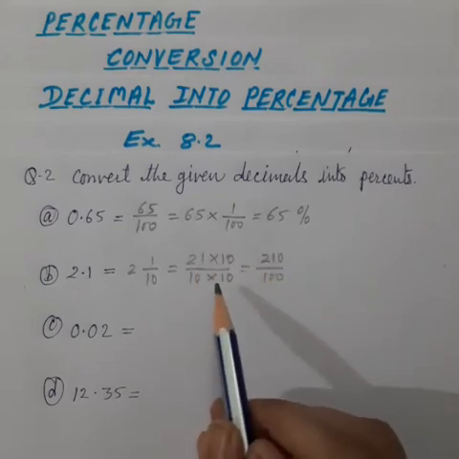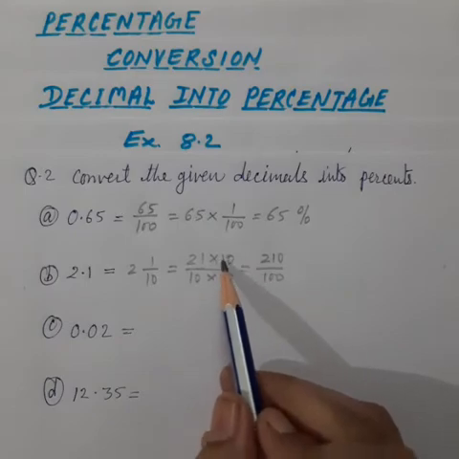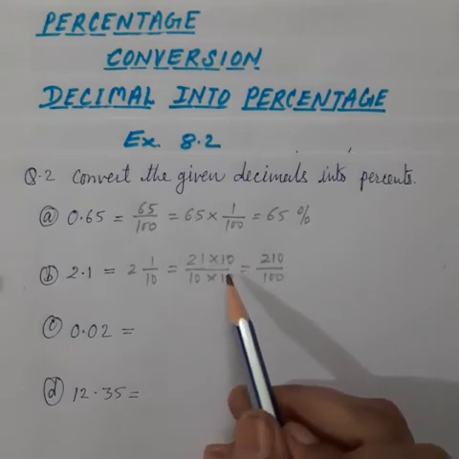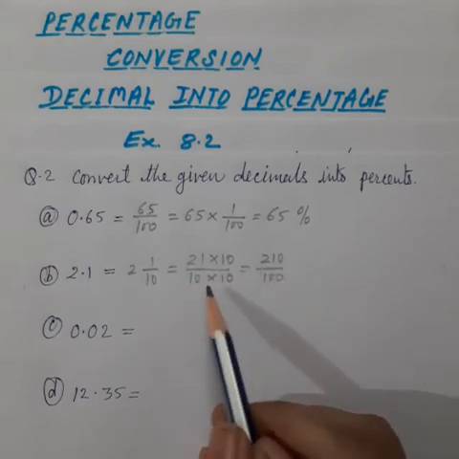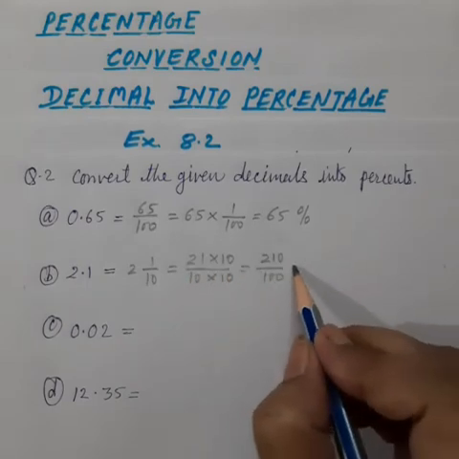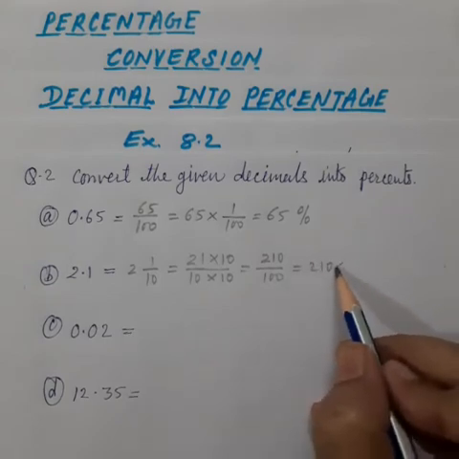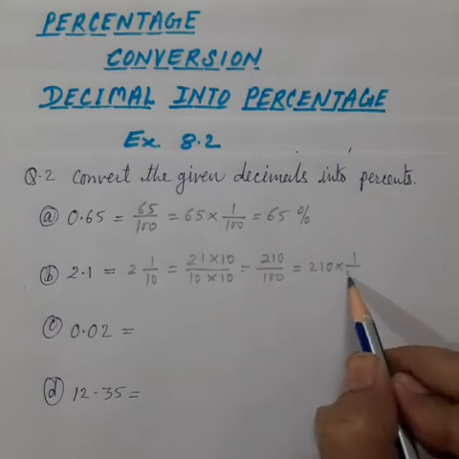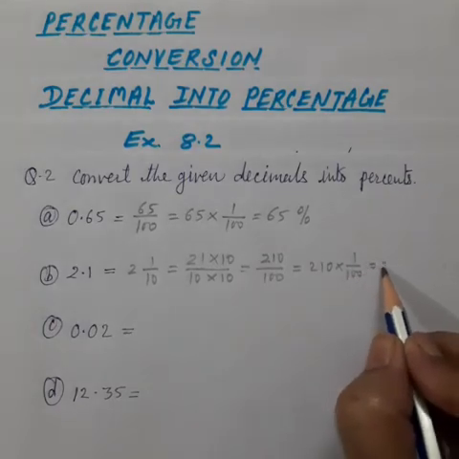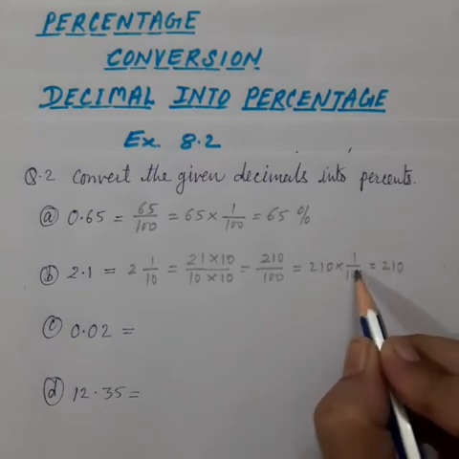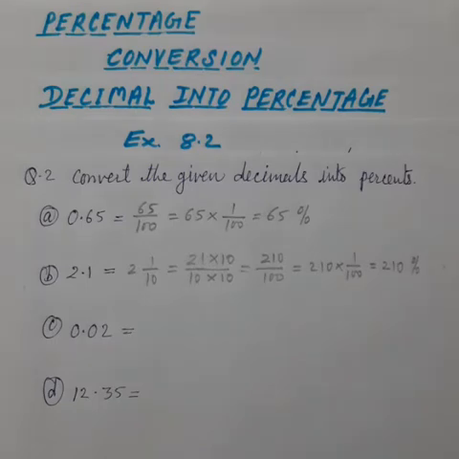When we are multiplying the denominator by 10, we have to multiply the numerator also for finding out the equivalent fractions. So here 21 into 10 is 210 and the denominator is 100. Now write numerator 210 and for this 100 in the denominator write separately 1 by 100, equal to 210, and for this 1 by 100 write percent sign.